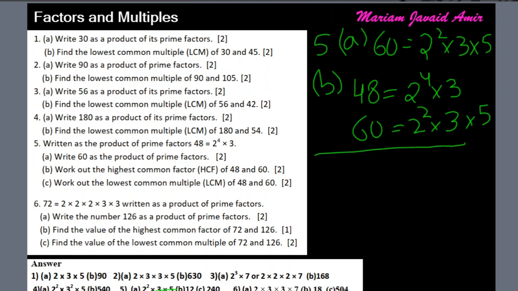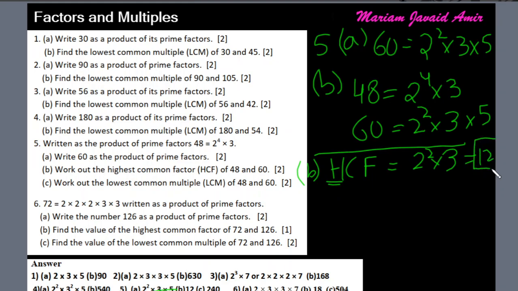Now for part B, we have to find HCF. HCF stands for highest common factor. Opposite of highest is lowest. So which one of these two is the lowest? That is 2 square. Then of 3 and 3, 3 is the lowest, they're the same, so it doesn't matter. And then of 5 and no 5, no 5 is the lowest, so we don't write anything at all. So our HCF would be 4 times 3, which is 12.